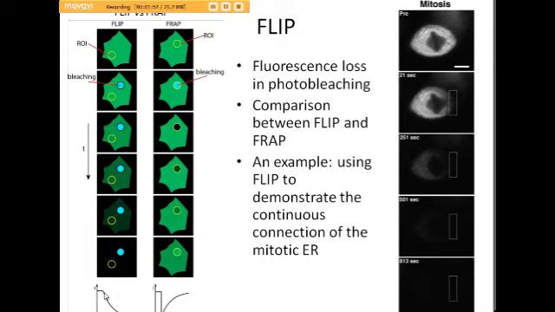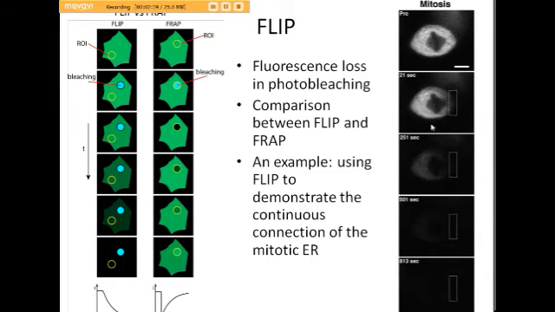After photobleaching of this region, we can see that its intensity gradually reduces. For FRAP, we photobleach a very small region, and when we look at its fluorescence recovery at this region, the fluorescence will gradually recover until it reaches a plateau.